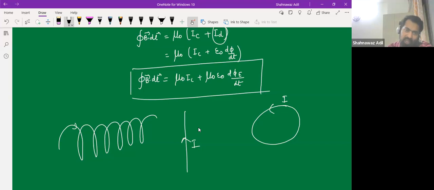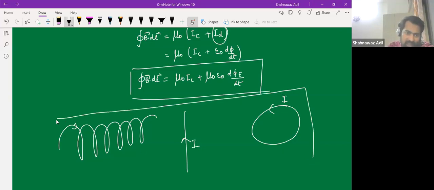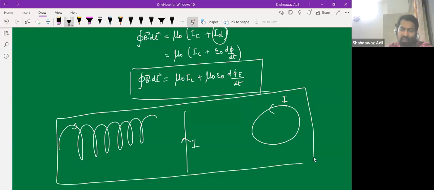Yes, sir. So that is why we use the uncorrected Ampere's circuital law, because in these circuits, these wires, we have conductors that carry free electrons, and we have the flow of charges.